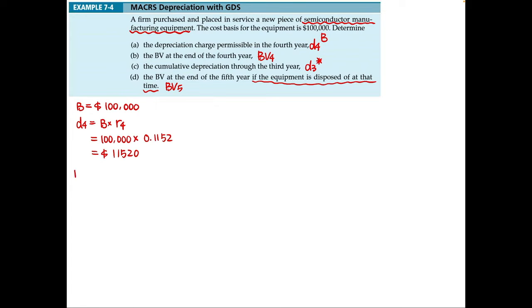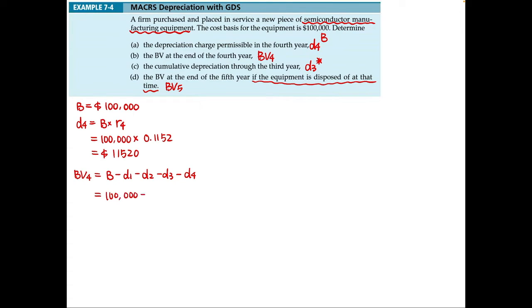Okay, and then what is BV4? BV4 is B minus D1 minus D2 minus D3 minus D4, right? The cost basis minus the depreciation deduction for every year until the fourth year, okay? So B is 100,000.